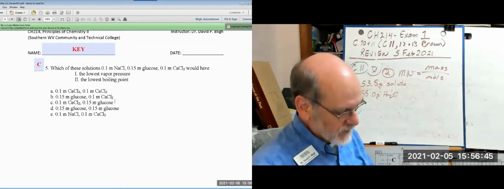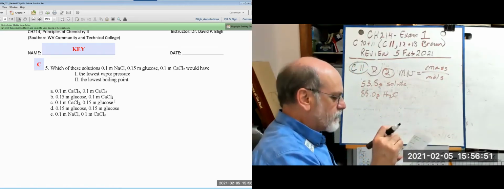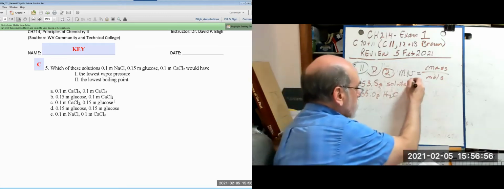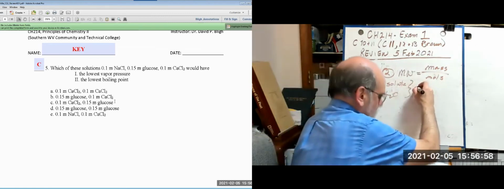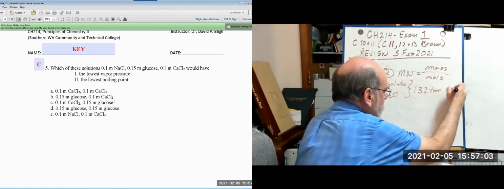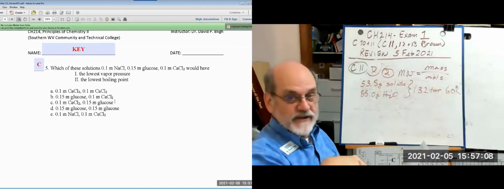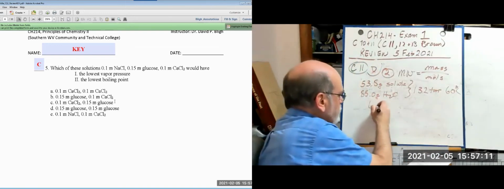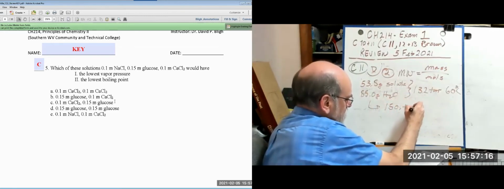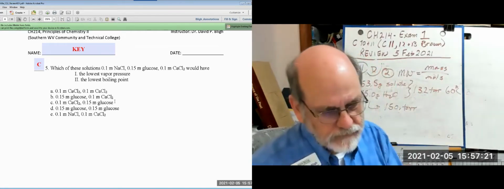Now we're given the vapor pressure of the solution at 60 degrees is 132 torr. The vapor pressure of the water at 60 degrees, though, is 150 torr. What's the molar mass?